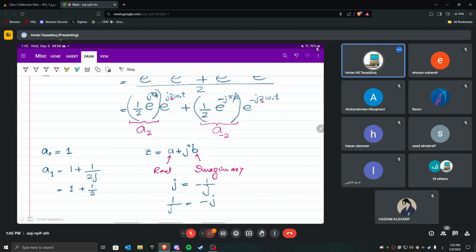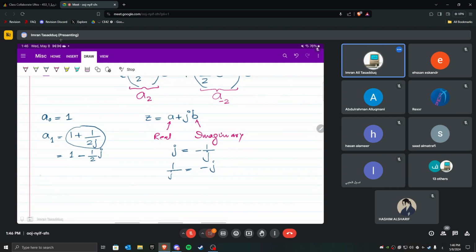So whenever you bring j from denominator to numerator, it changes sign, or from numerator to denominator, it will change sign. So here, when this j goes up, this sign is going to change, right? It is going to change to minus 1, right? So now if I ask you, okay, one more question. If I give you this complex number and I say, what is the real part of this complex number? What is your answer? 1.